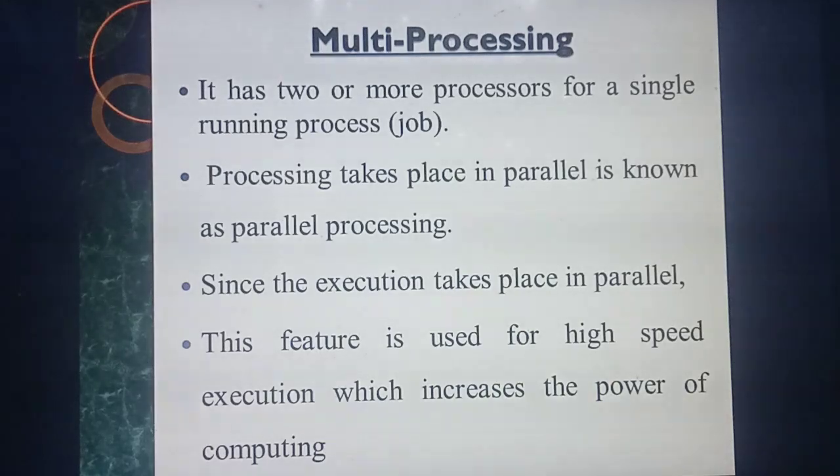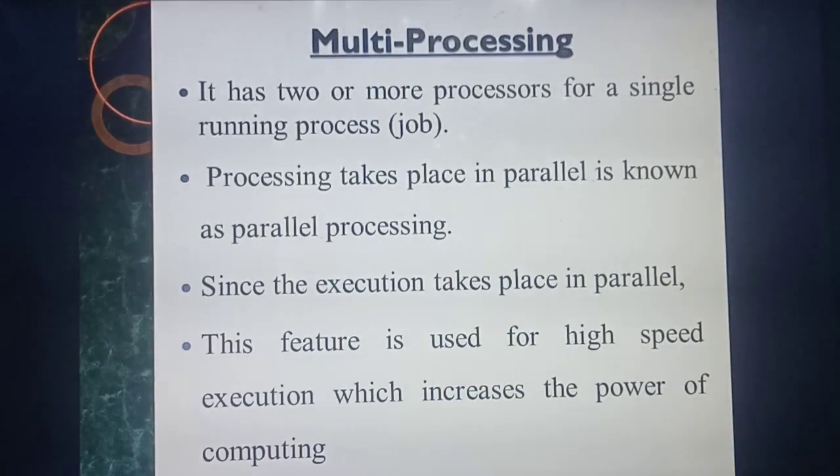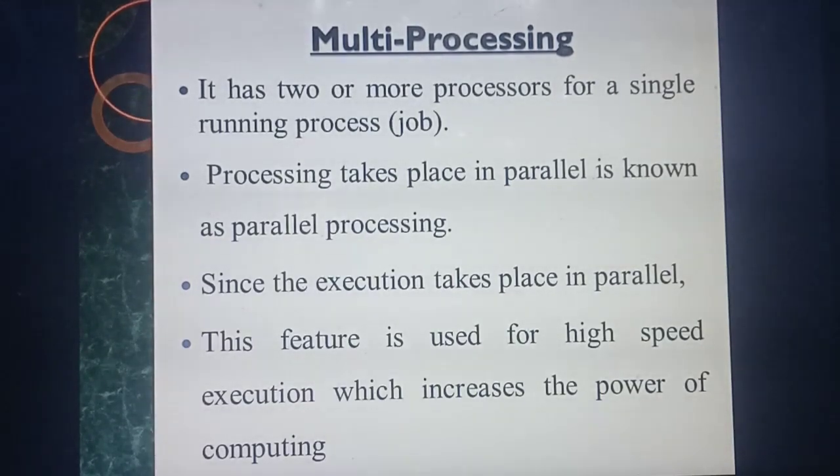Multiprocessing means 2 or more processes are running for the same job, and those processes always run in parallel. This feature is mostly used to increase the computing power or execution power. So this multiprocessing question is very important.